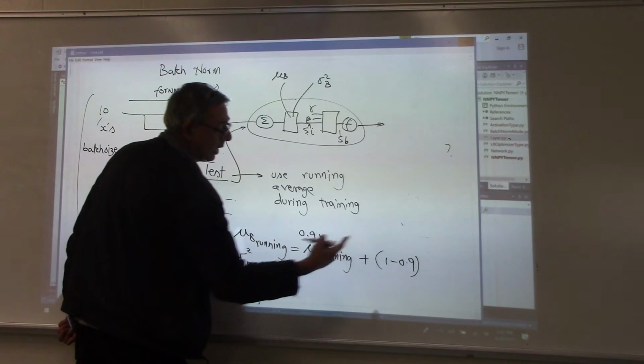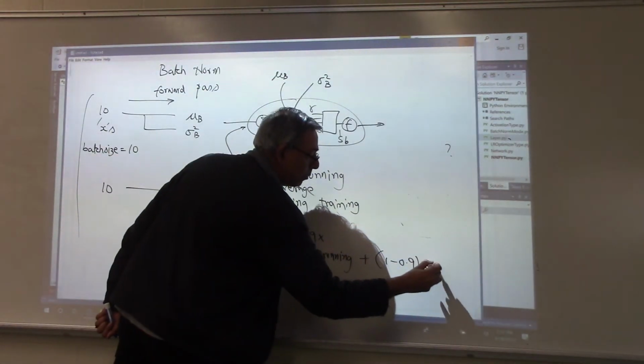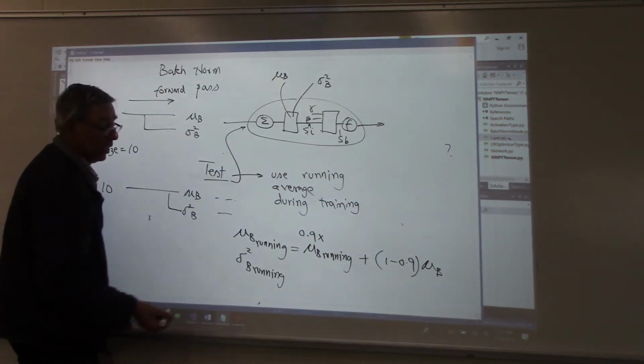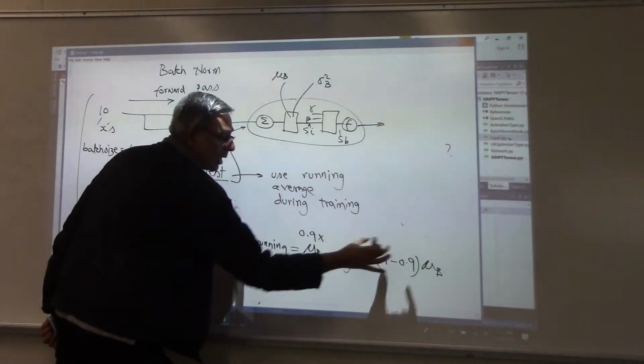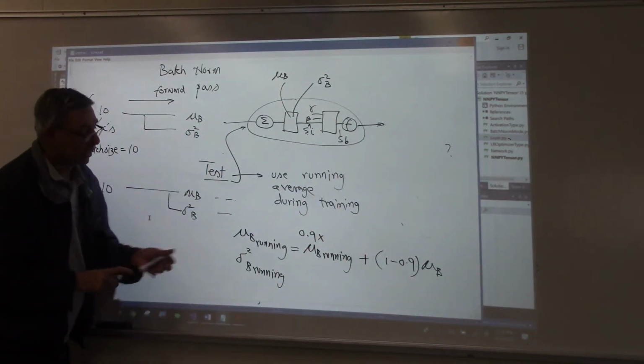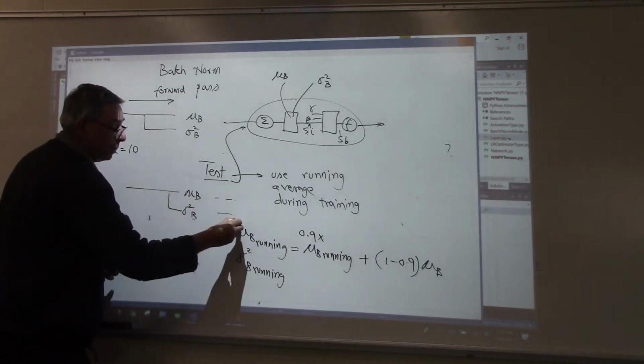So this is basically our momentum type of factor. The current batch, whatever it is, will be added as a small percentage to whatever our old value was. So during training, we'll keep updating this.